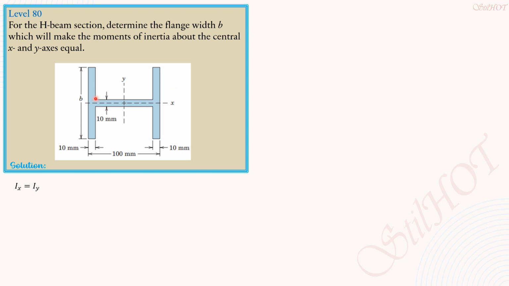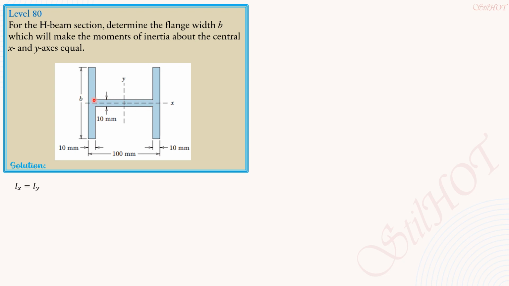So for Ix, we divide the areas into this middle rectangle and these two identical rectangles here. For this middle rectangle, the x-axis happens to be the centroidal axis of this middle rectangle as well as for these wing rectangles. The dimension here horizontally is 100 minus 2 times 10, so 80 mm. The height is 10, so it is 80 times 10 cube over 12 for this middle rectangle.